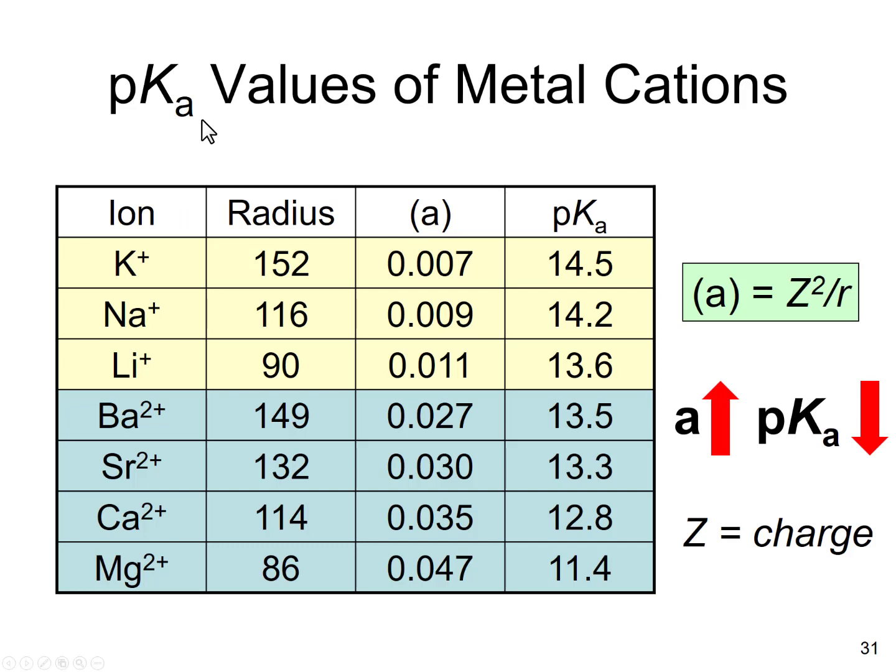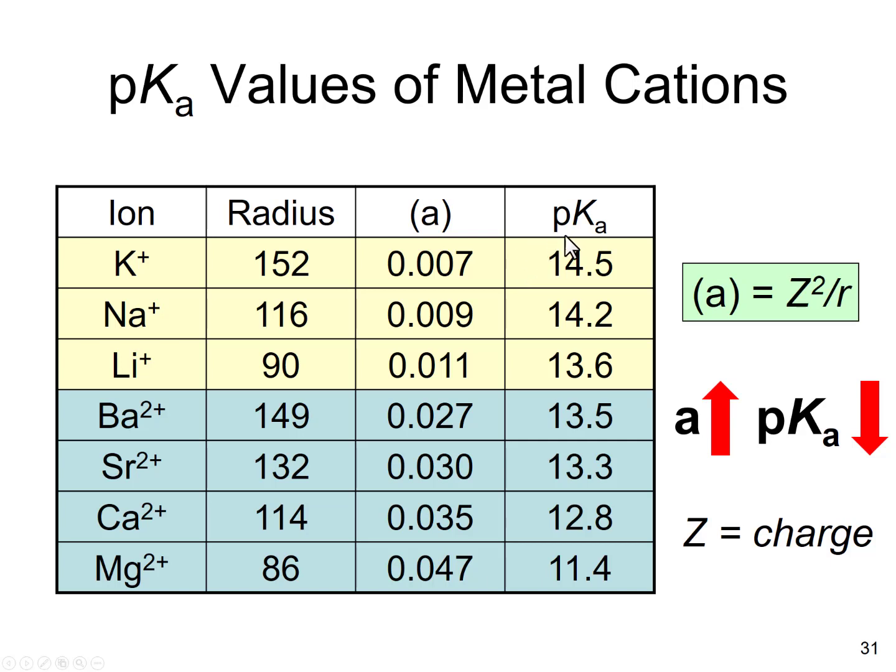Now this slide shows the dependence of the pKa value, which means the acidity of the aqua acids, on the radius or the squared charge over the radius, and the response of the pKa values to these particular parameters. Here we can have metal ions from group 1, and then we have metal ions of group 2. And obviously, metal ions in group 2 will have an increased positive charge. So we have a 2+ species here compared to 1+ species in the first examples.